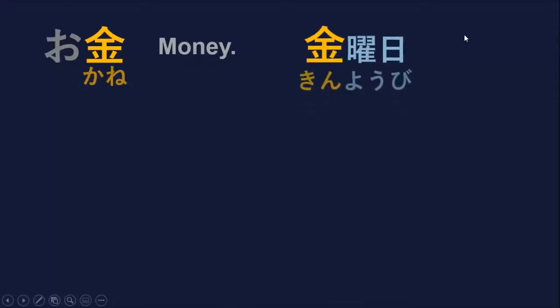And if you remember, this is the kanji for days of the week, and you pronounce it yobi. So this is 金曜日、 kinyobi. Kinyobi means Friday.